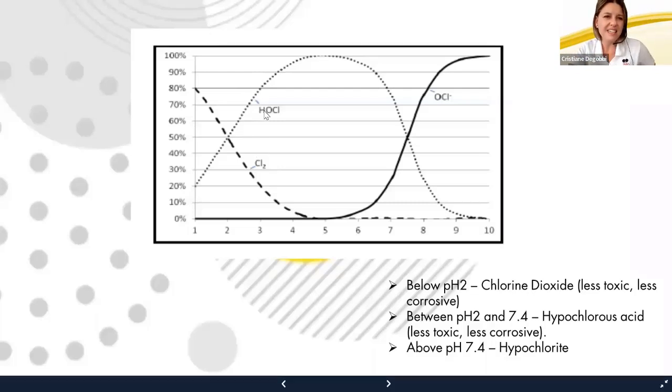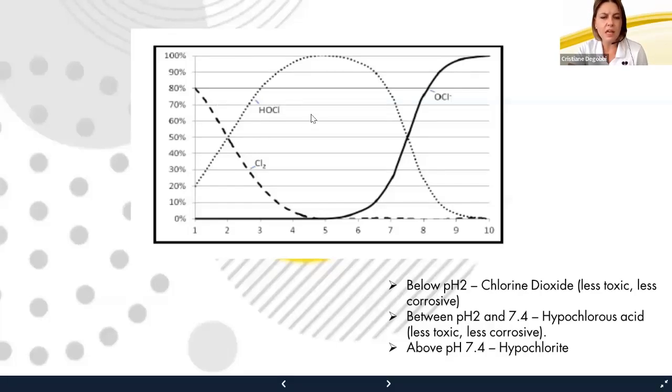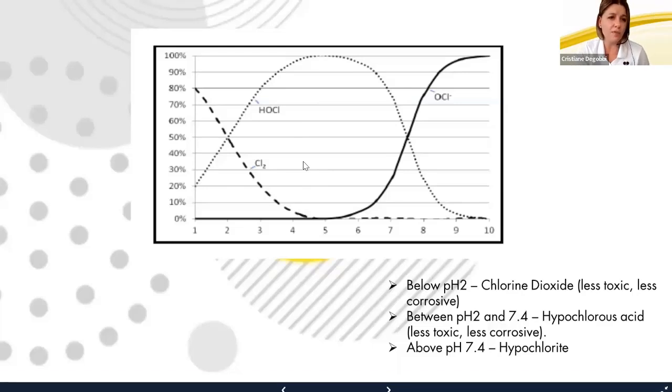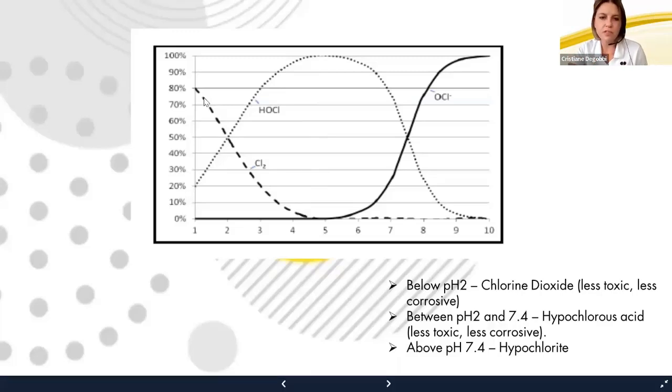They are very unstable, and this is the pH here. This is how they can go up and down depending on the pH. So it's not that easy to stabilize either hypochlorous acid or chlorine dioxide. That's why you do not see that often over the counter disinfectants with this product, because they need a better technology in order to stabilize the product. So you want to go for these ones here.